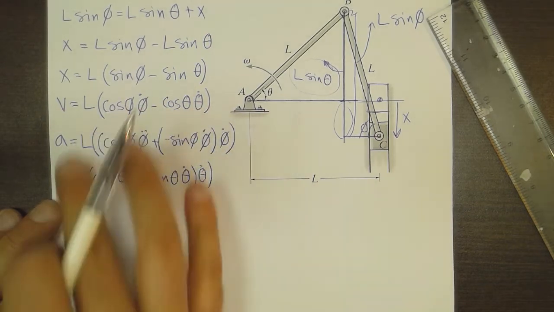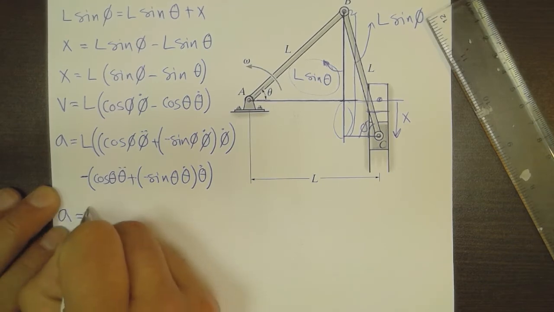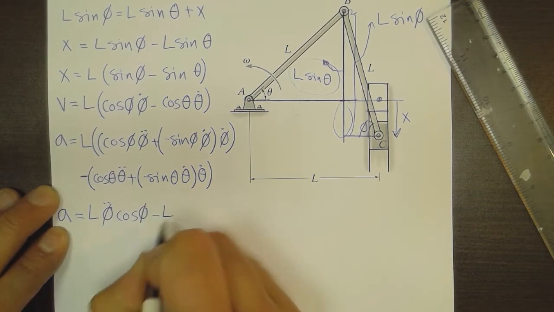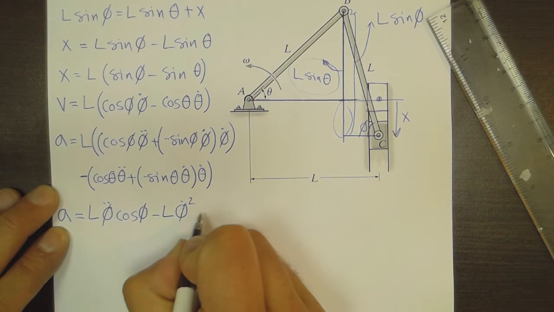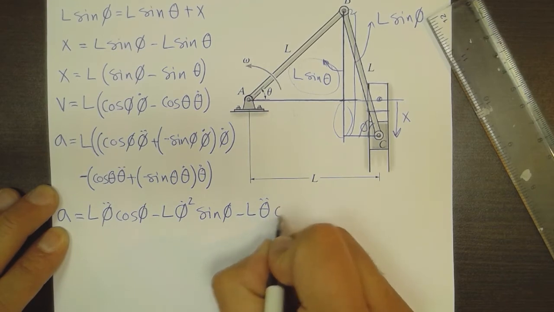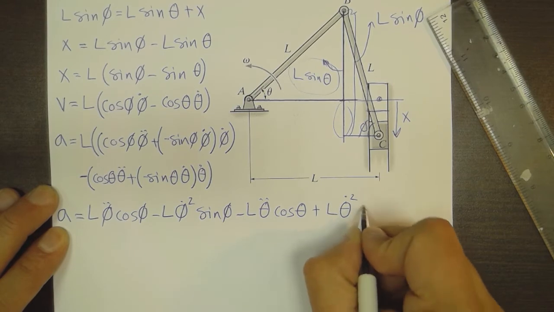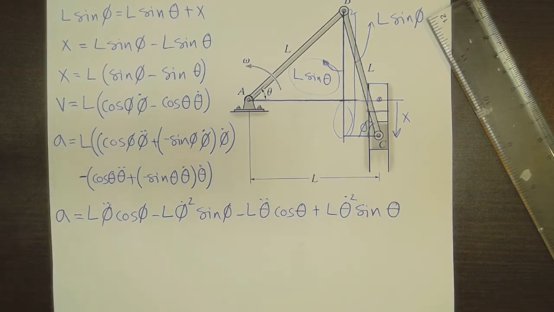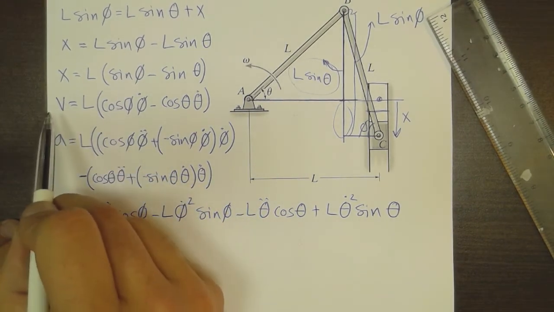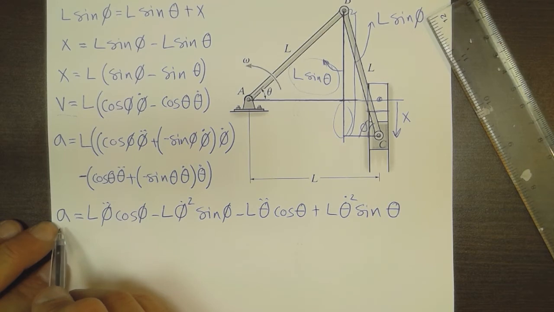I'm going to rearrange this relationship carefully, and I come up with this relation: L phi double dot cosine phi minus L phi dot squared sine phi minus L theta double dot cosine theta plus L theta dot squared sine theta. So I now have a relation that allows me to calculate the velocity as well as the acceleration.